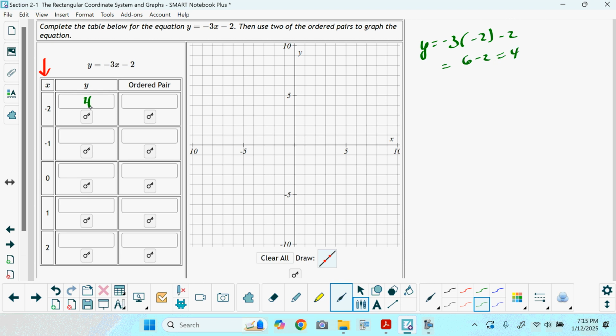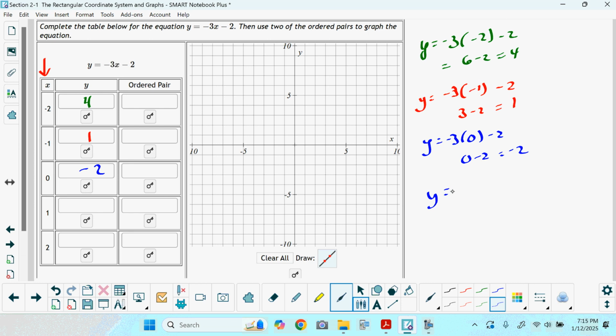Then y equals -3 times -1 minus 2, which is 3 minus 2, which is 1. Then y equals -3 times 0 minus 2, which is just 0 minus 2, which is -2.